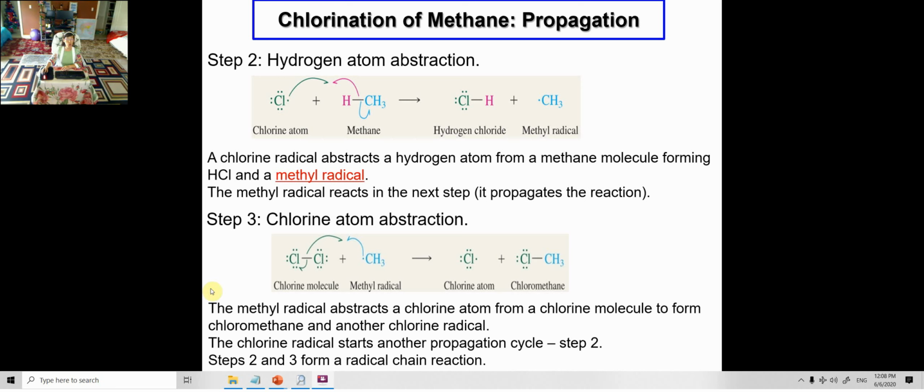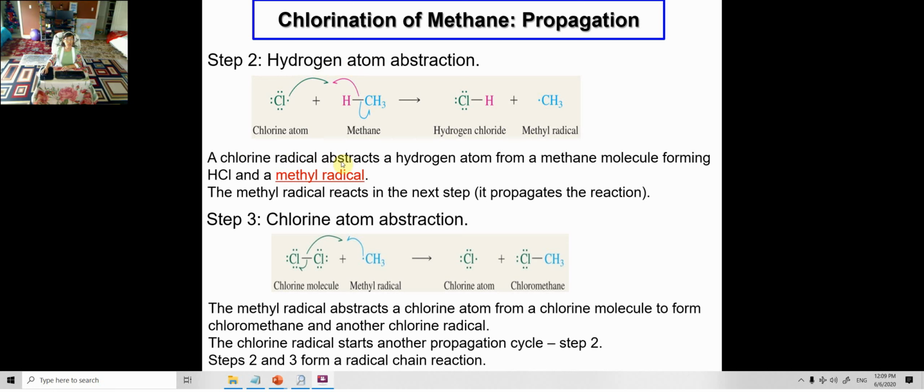So your methane has a hydrogen, and this hydrogen is going to break off. The hydrogen-carbon bond will be broken homolytically. Your hydrogen brings one electron with it to form the HCl bond. You see this is a solid line. And then your methyl retains its electron to form a methyl radical. This is your propagation.